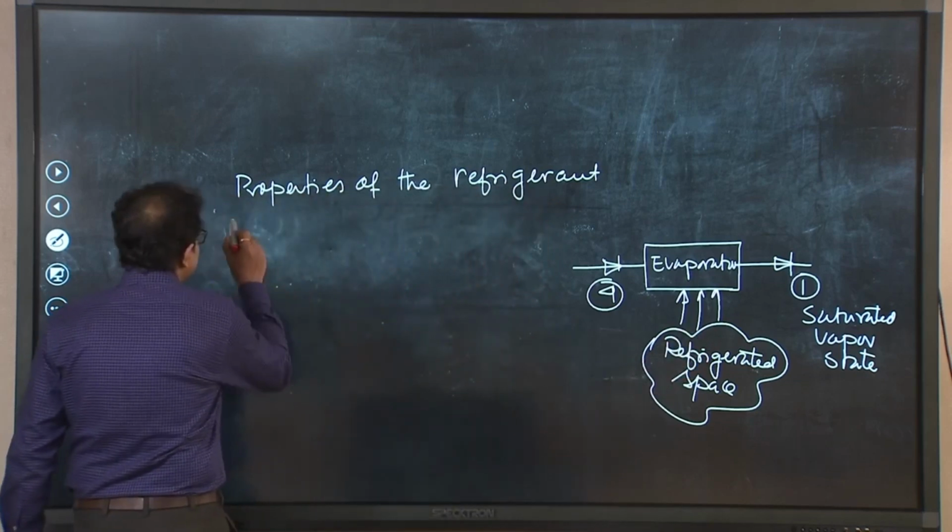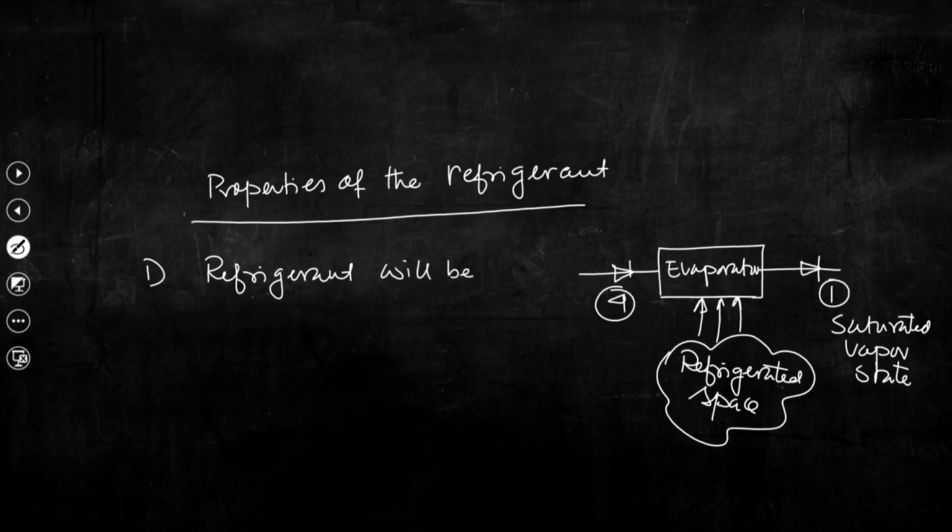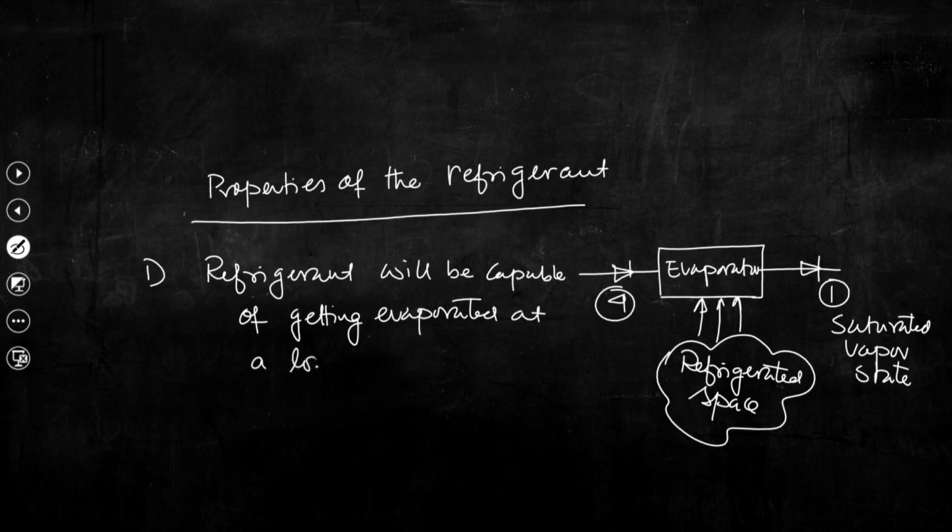So, that is the most important property, that is number 1, the refrigerant will be capable of getting evaporated at a low temperature, and then this low temperature is again subjective.